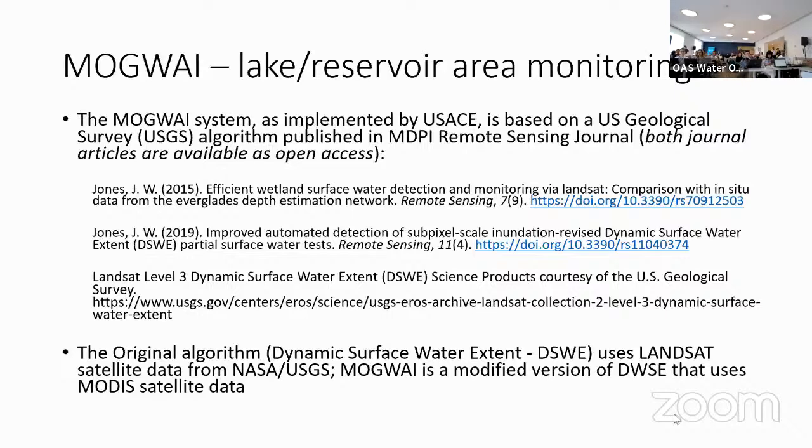When he developed it, it was called DSWE, Dynamic Surface Water Extent, and he developed it from Landsat data. But since we needed a more rapidly updated capability, we modified it with USGS to use MODIS data, and that's what we implemented.